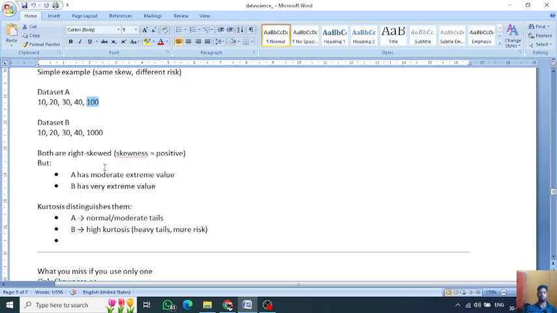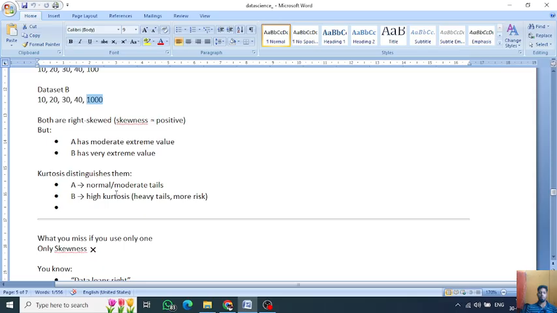So both are right skew. Skewness is positive, because right skew is positive and left skew is negative. A has a moderate extreme value, 40, and B has an extreme value, 1000, very big. Kurtosis distinguishes them: A has normal or moderate tails, and B has high kurtosis, heavy tails, more risk.